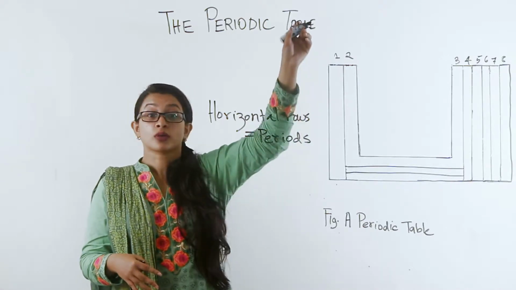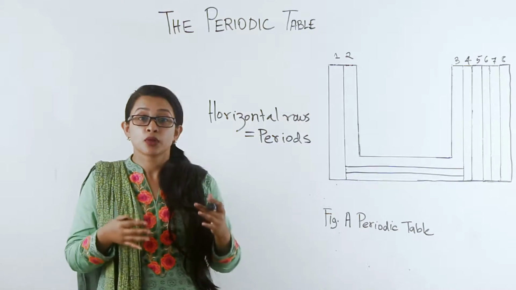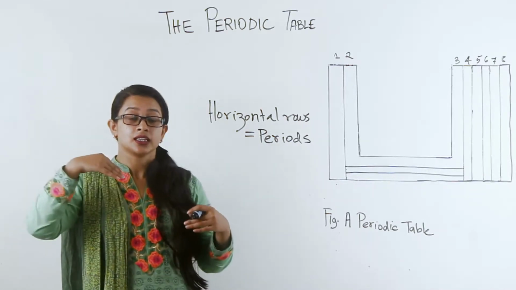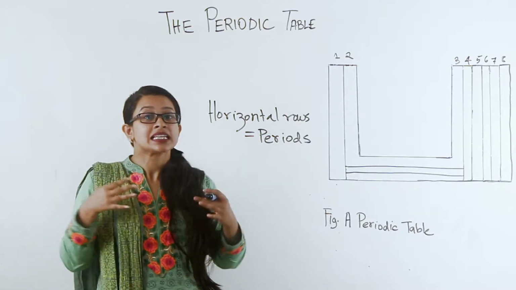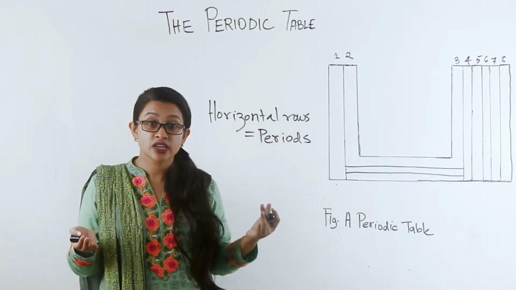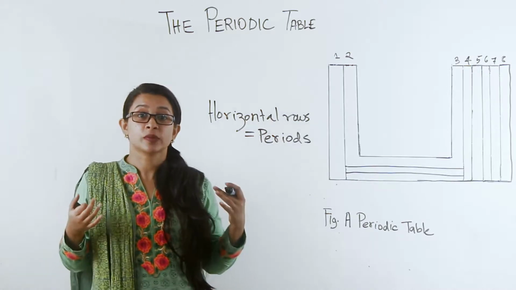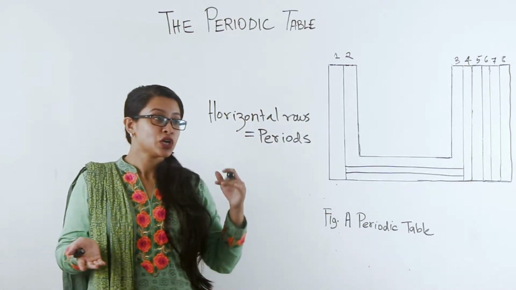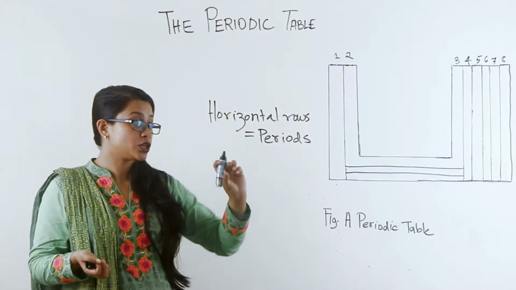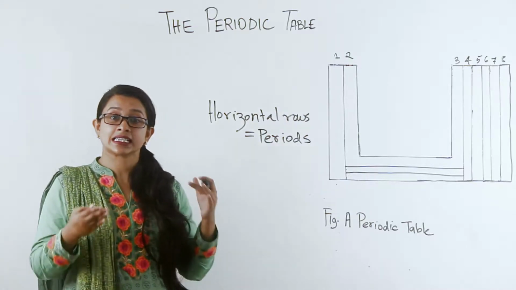But if you go from top to bottom, you see that even though the number of outermost shell electrons remains constant, the atoms of the elements tend to grow bigger in size, which is apparent from the increase in their atomic number.